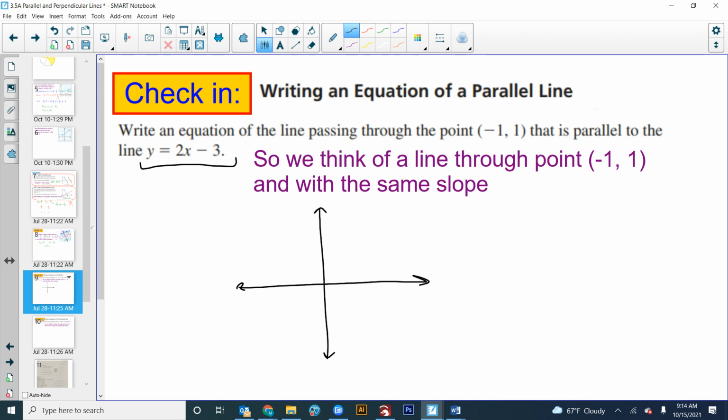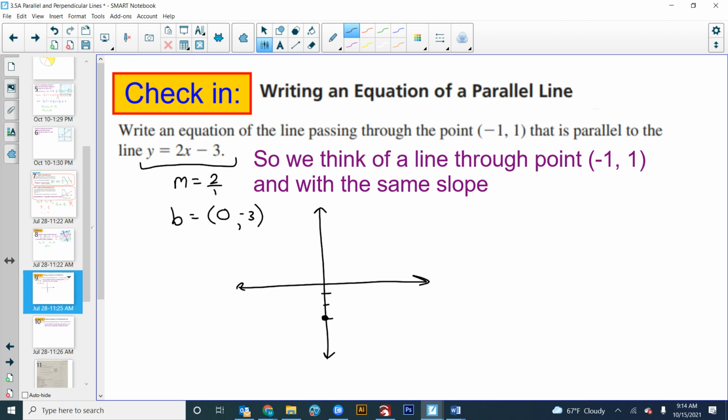Could you identify the y-intercept? The slope is 2. You can write 2 over 1. The y-intercept is, as a point, 0, -3. Very good. 0, -3 is the y-intercept.